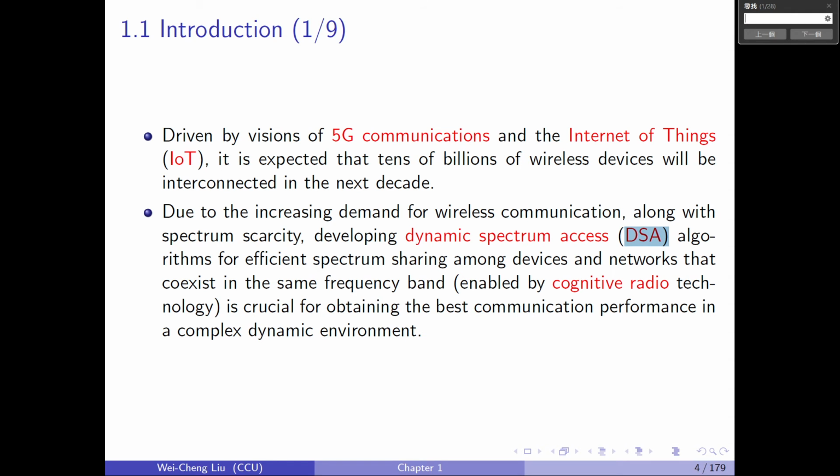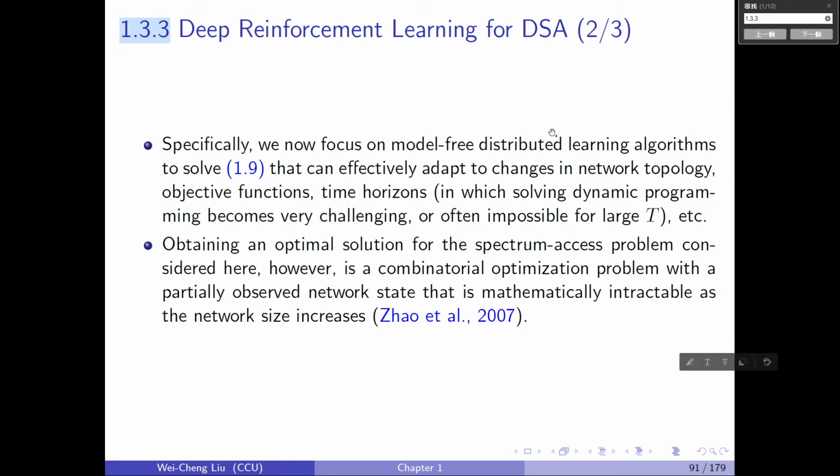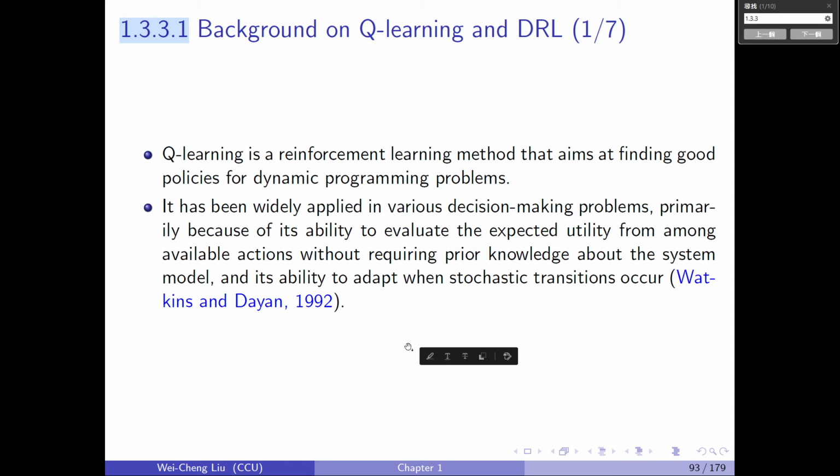Let us go back to section 1.3.3. First, let us look at section 1.3.3.1, background on Q-learning and DRL.